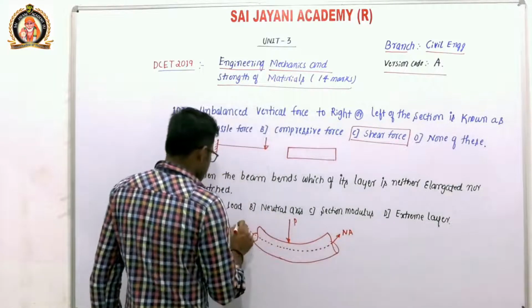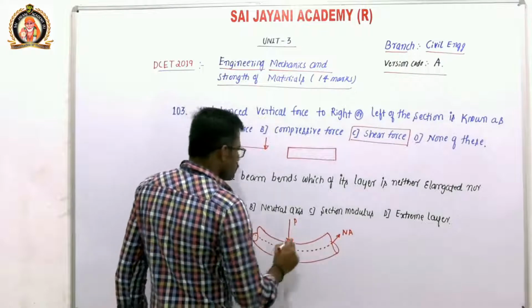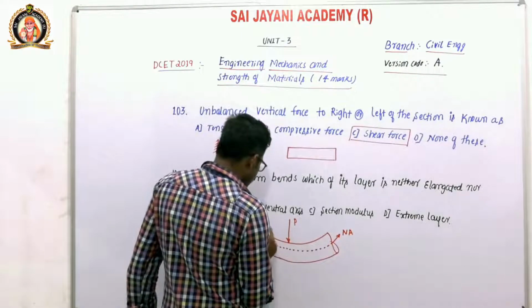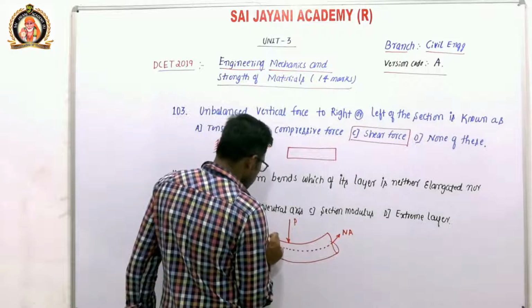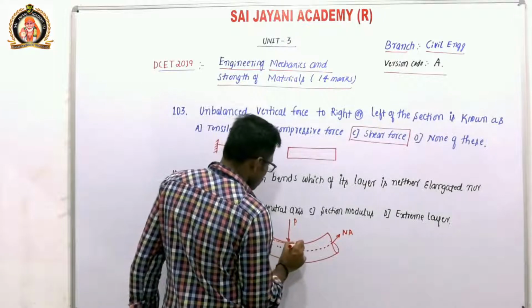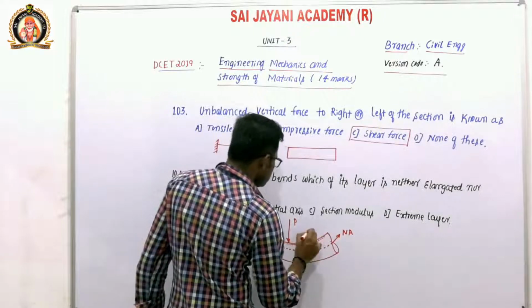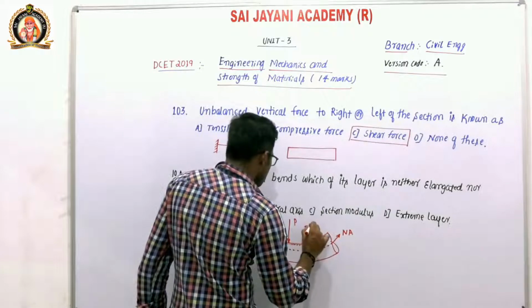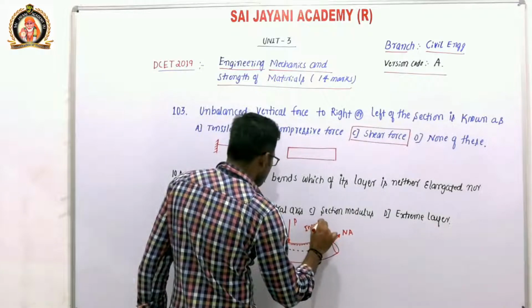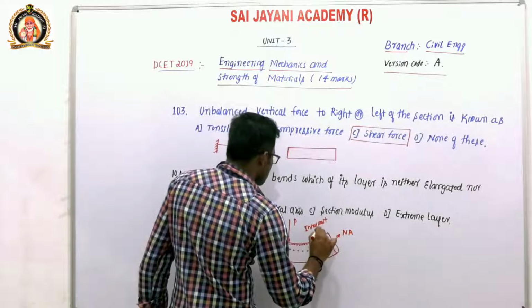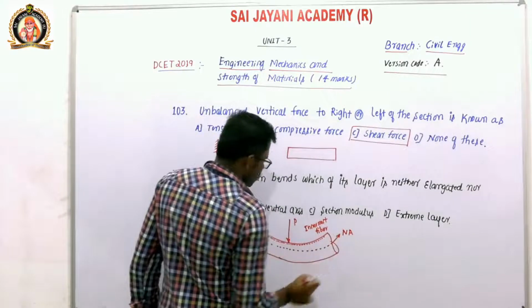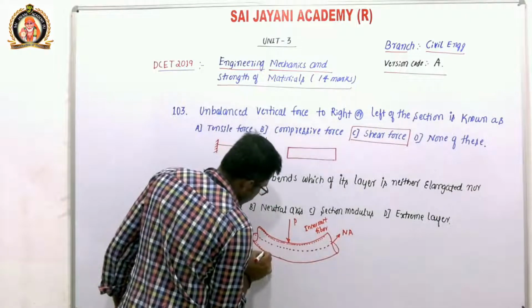Neutral axis. So these are innermost fibers. These are outermost fibers.